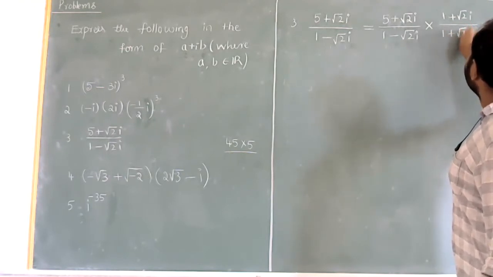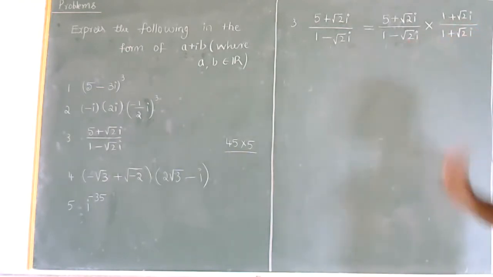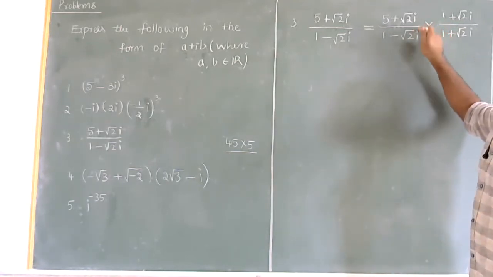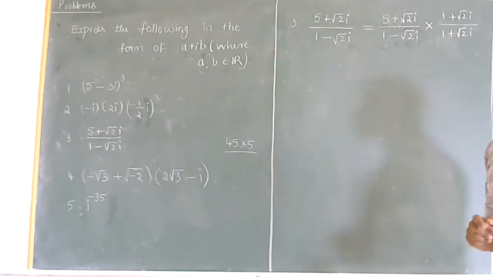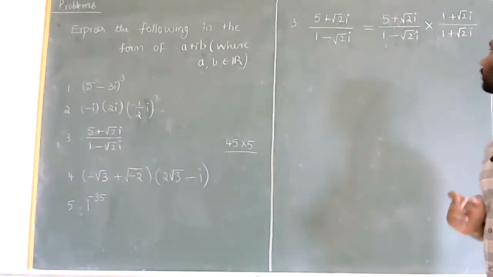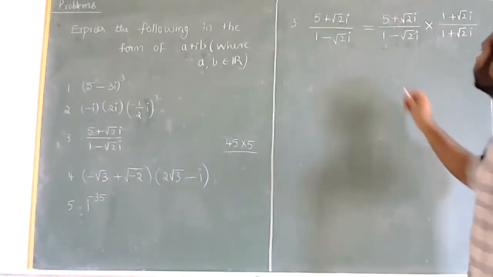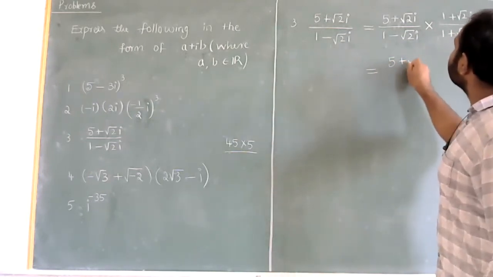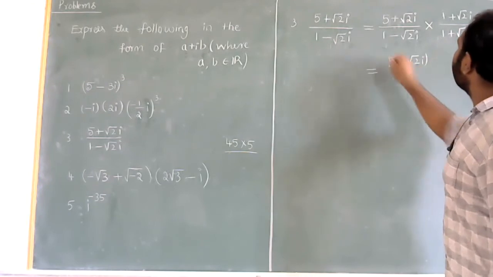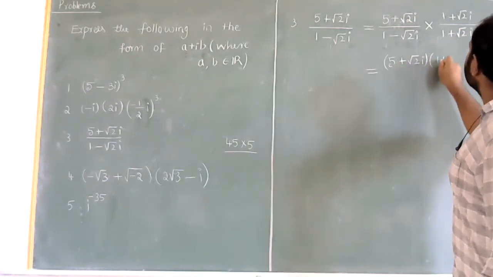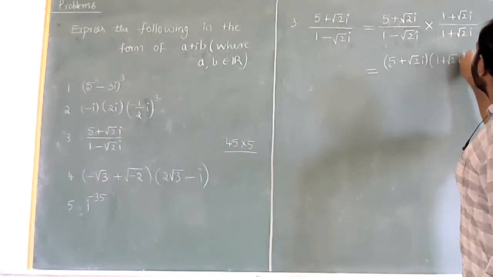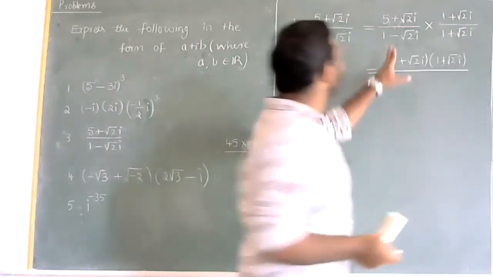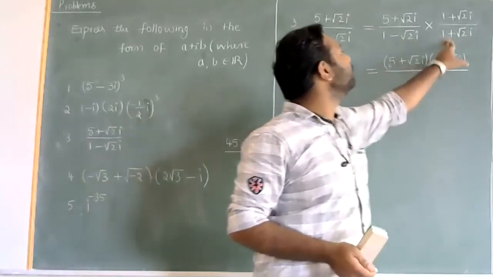Multiply and divide by the conjugate of the denominator just to eliminate i in the denominator. This process is called rationalization. Now the numerator as it is, (5 plus root 2 i) into (1 plus root 2 i), divided by, now observe here we have (a minus b) into (a plus b).